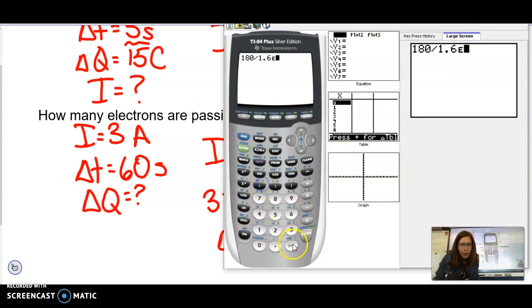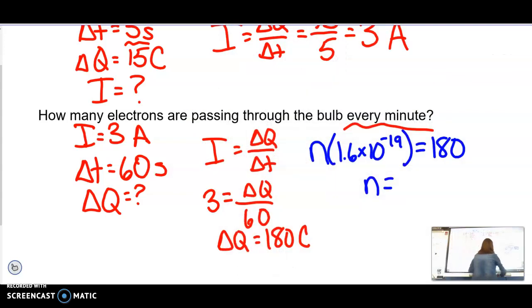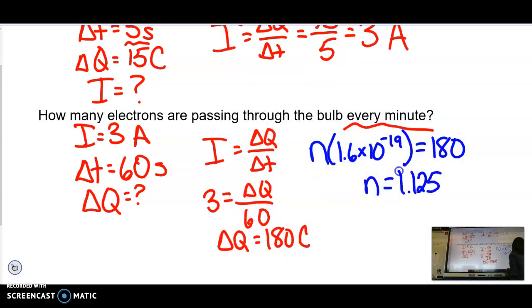So I just take that into my calculator, and I get an answer of 1.125 times 10 to the 21st. So if I was counting, that's how many electrons I would have to count in just 1 minute of this charge going through my circuit.